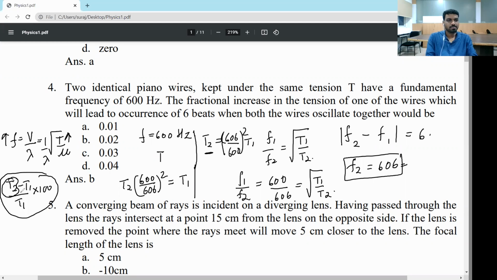Once you get T2 in terms of T1, you substitute it in the fractional increase, T1 will cancel everywhere, into 100. Okay, 606 divided by 600 into 100. Fine. Next, coming to the next question.